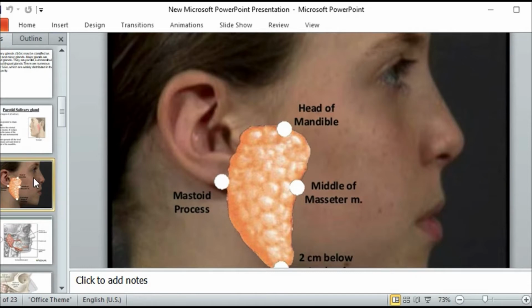The parotid gland has the parotid duct, also known as Stensen's duct, piercing the buccinator muscle. It opens to the oral cavity near the upper second molar tooth. This information is just general, okay?